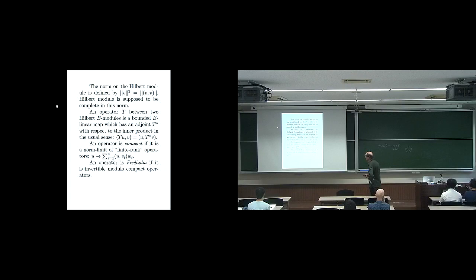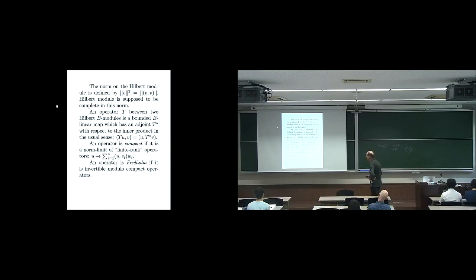So the important class of operators, as usual, are compact operators, but not compact in the usual sense of Banach space compactness. This is a direct generalization of finite rank operators. You take a sequence of vectors v_i, w_i, and you apply to your vector u, and you get this operator which will be called a finite rank operator.